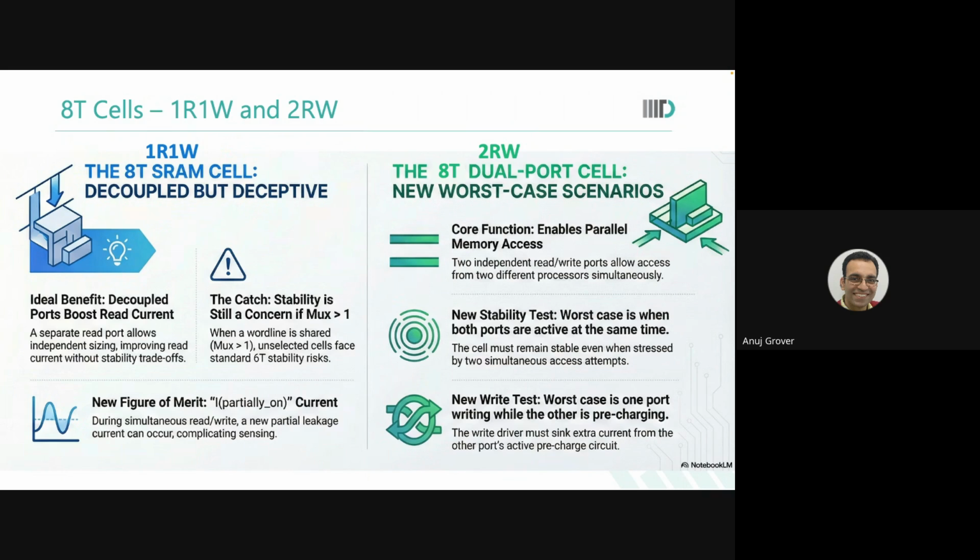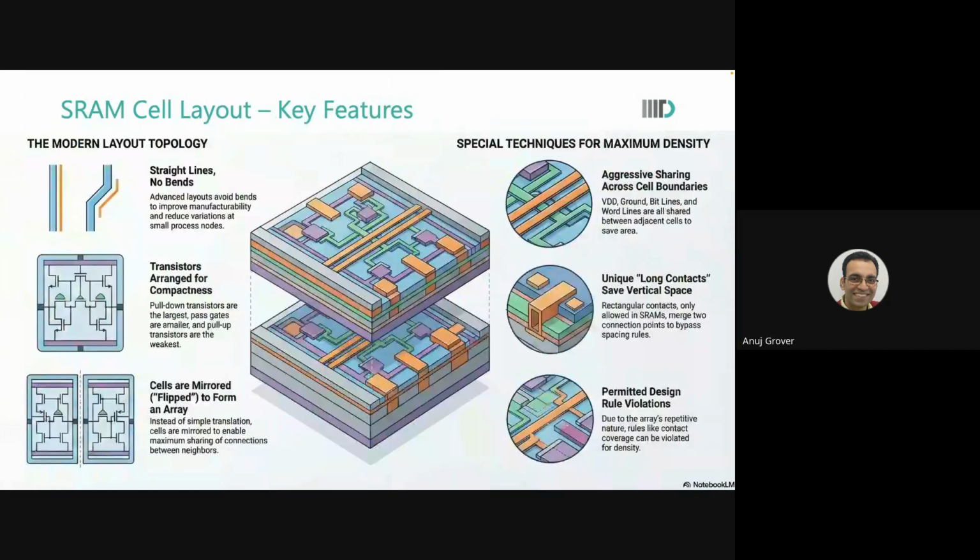So then after that, we actually looked at the layout. We looked at layout in far more detail, and you know that we make a lot of design violations in the SRAM cell layout. We saw that in the advanced layouts, there are almost no bends. All the polys were straight, all the actives were straight.